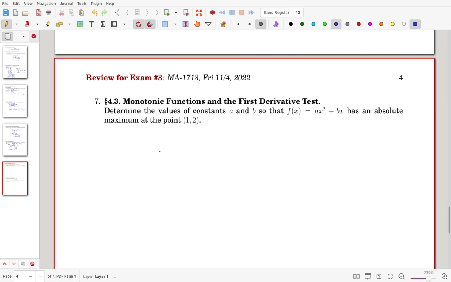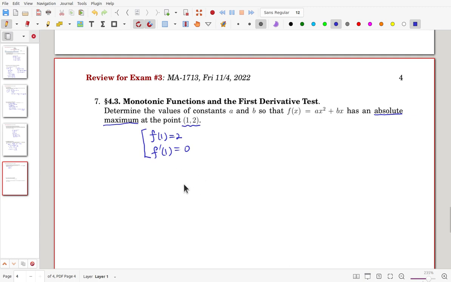That means that, first of all, this is a quadratic equation, and an absolute maximum at 1, 2 means that f of 1 is 2. And then f prime of 1 is 0, because once at 1 it has an absolute maximum, the derivative at that point must be 0.